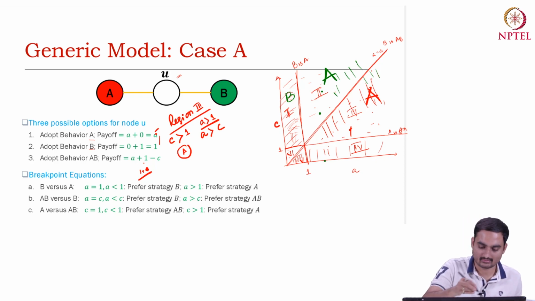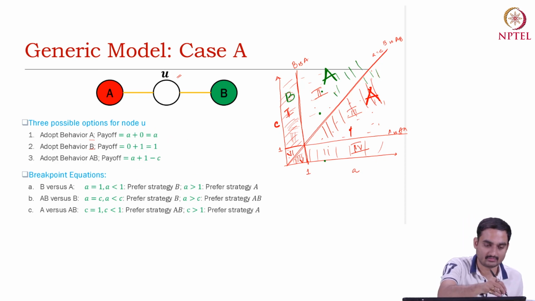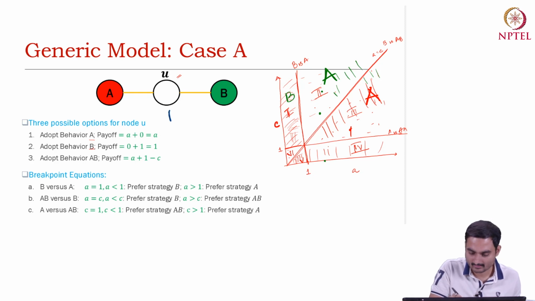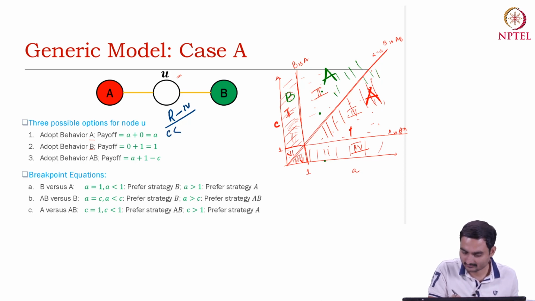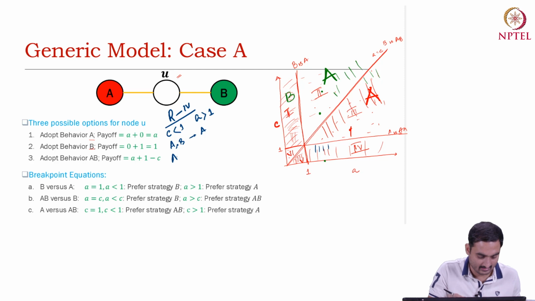Okay. Now let's look at region 4, R4. C is less than 1, and A is greater than 1. So between A and B, A will be chosen. Between A and AB, what would happen?